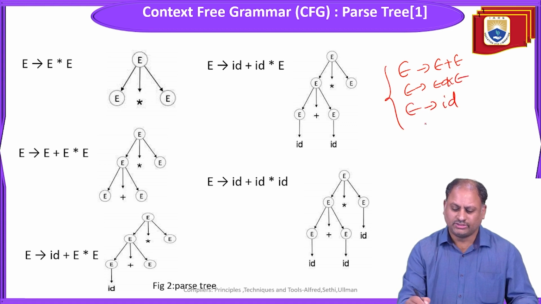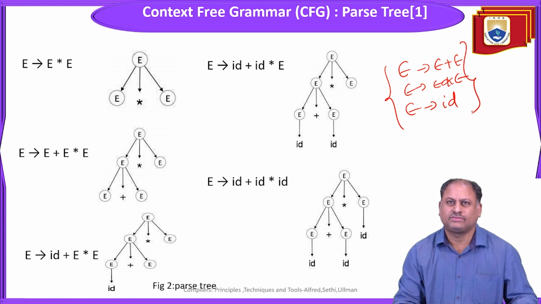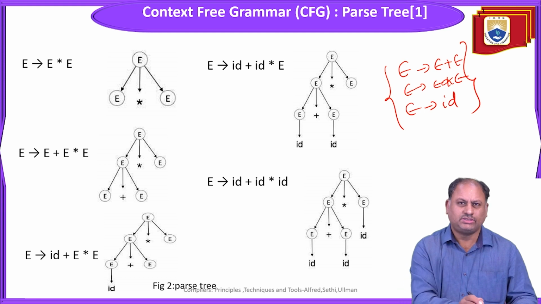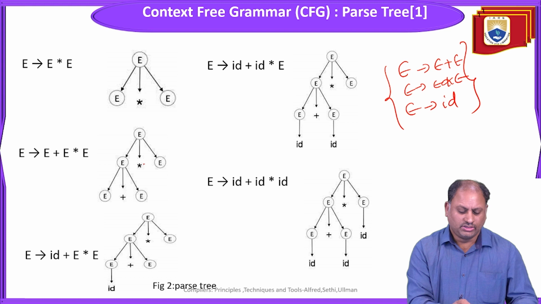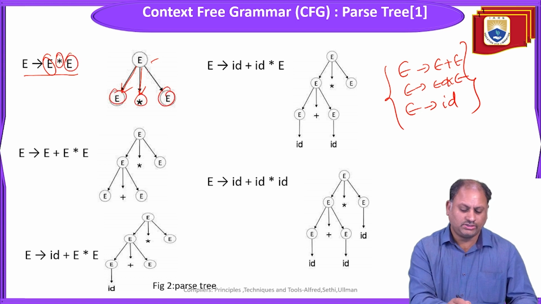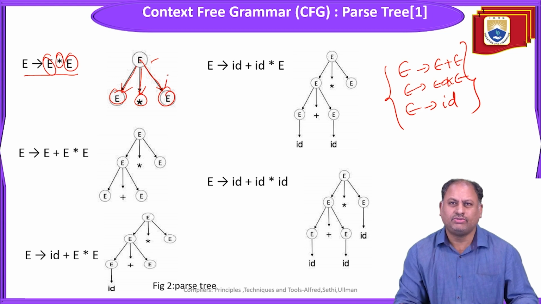These are the derivations, and we are going to derive a string. In this derivation tree, E derives E star E: the left child is E, then star, followed by the right child, which is E. In this way we describe the parse tree notation.